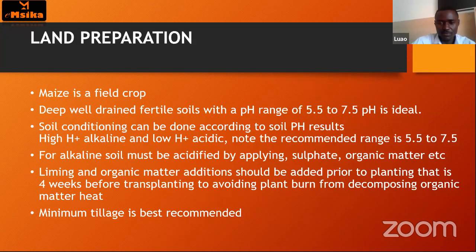Sometimes if you're trying to measure the acidic levels in a practical or simple way, you have to plant groundnuts. When you plant some groundnuts, you observe the pod filling in the soil.